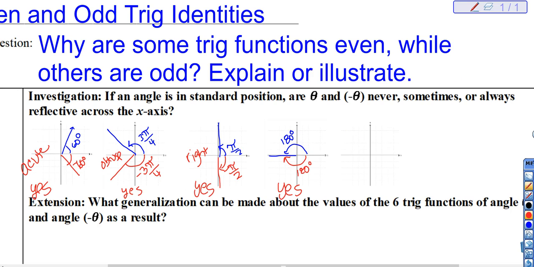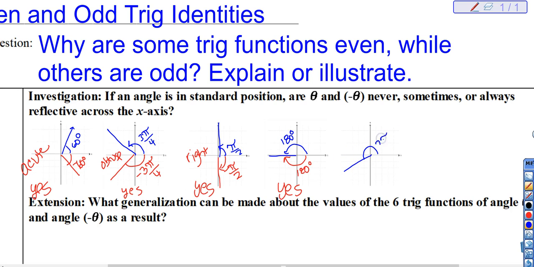One more other type. So we know acute, obtuse, right, straight. There's ones that are greater than straight. They're called reflexive. So let's do a reflexive angle. Like say, let's do 7 pi over 6, which is 180 degrees plus 30 degrees.